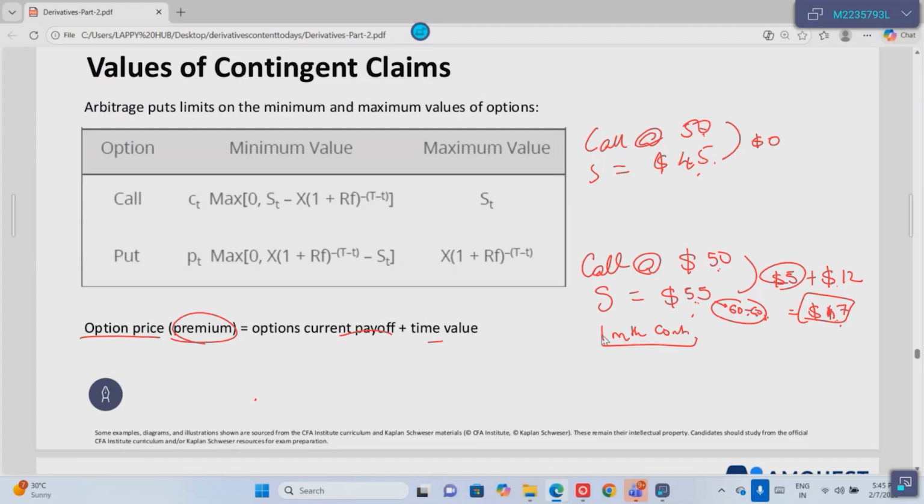But there is a time value. The time is 1 month. In 1 month, it might become 52, 53, 55, 57. That time value for all you know might be $12. So in this case, I'll pay $12 premium, where my current payoff is 0, but my time value is 12. Here I'll pay $17 because current payoff is already 5 plus time value is 12.